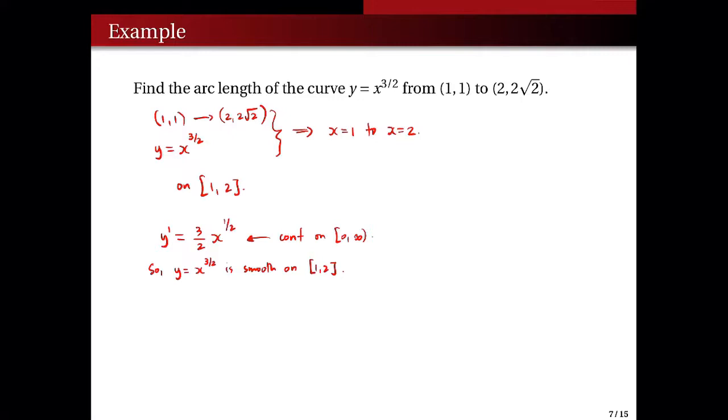So y prime is your dy over dx. So dy over dx quantity squared is simply what? We square 3 halves x raised to 1 half, we get 9 over 4 x.